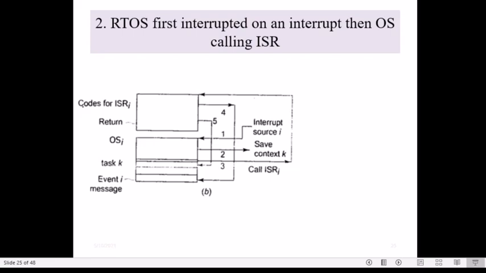Whenever a user touches the screen to select an icon or menu, the currently running task will be suspended for some time, and the operating system runs the interrupt service routine for the touchscreen. After executing the interrupt service routine, the OS returns back and continues the execution of the suspended process. So this is an example of the second method of handling interrupts.